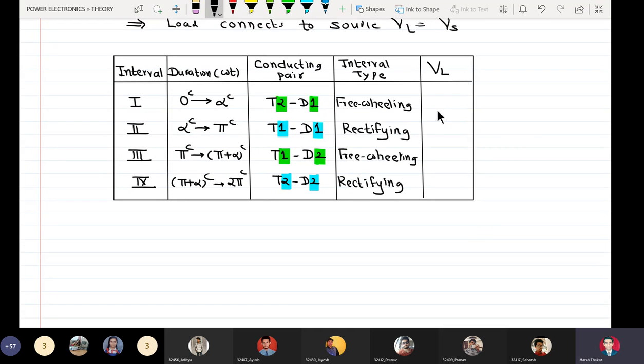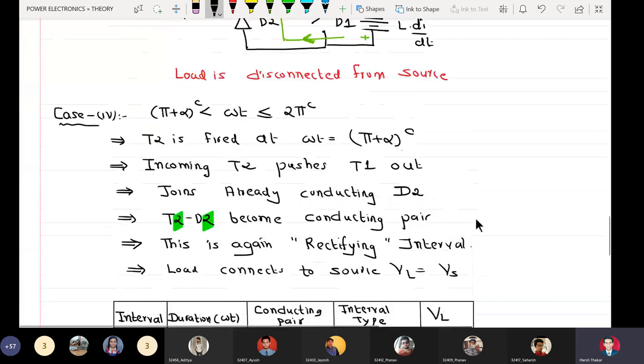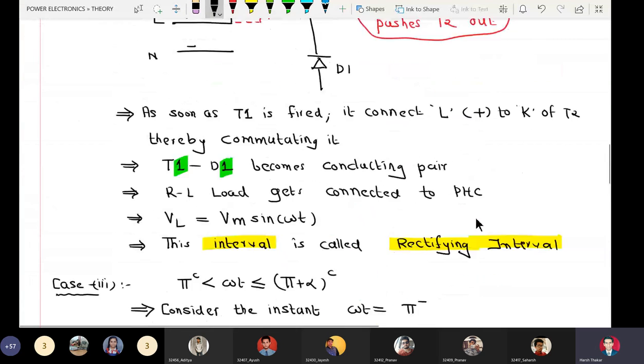Wherever there is freewheeling, you write 0, 0, 0, and it is Vs wherever there is rectifying. Okay, very simple. This is the summary now. Hope it is clear now.